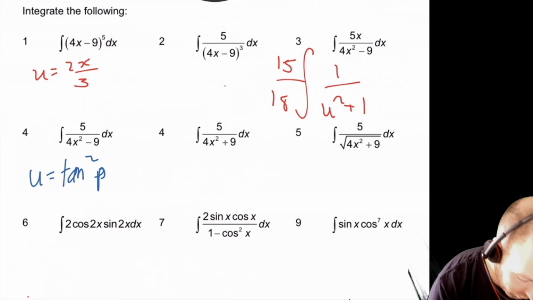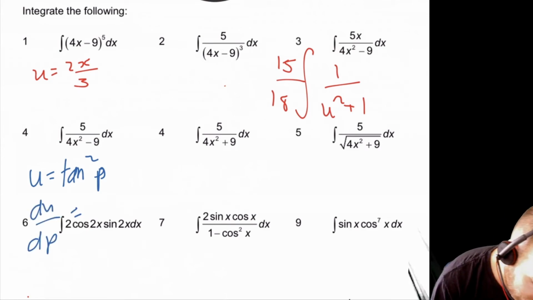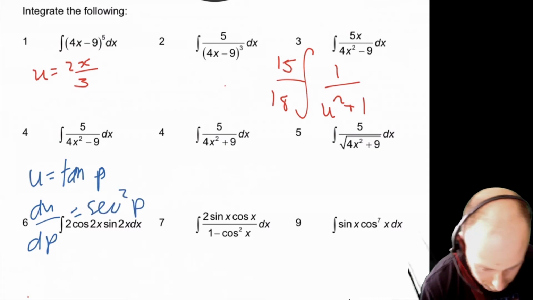p. So du over dp is, u is tan p. So du over dp is sec squared p.